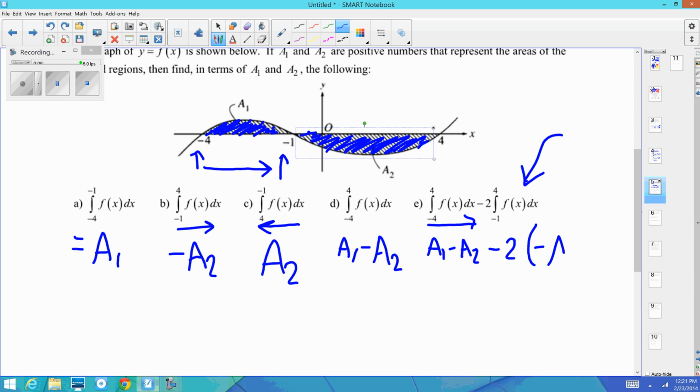That'd be negative a sub 2. All right, so rewriting this, a1 minus a2 plus 2a2. It ends up, in this case, a1 plus a2. All right, so for this integration, that would be the numbers that represent that integral.